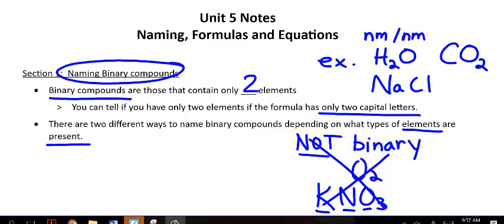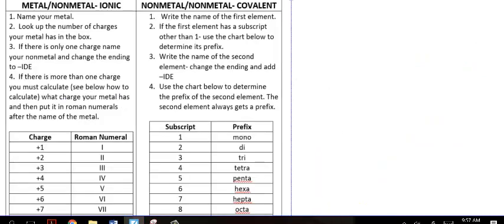So we're going to name that one way. This is called a covalent compound, and we're going to use one set of rules to name it. Whereas NaCl is a metal to a nonmetal, that's called an ionic compound, and we're going to use a different set of rules to name it. So you want to identify what you have in your binary compound first.